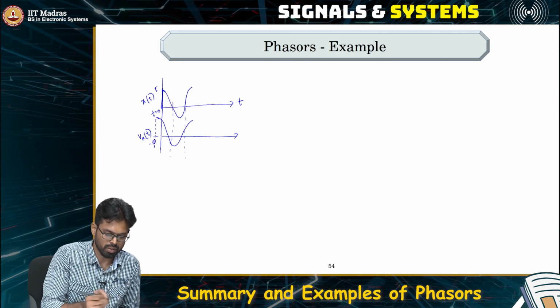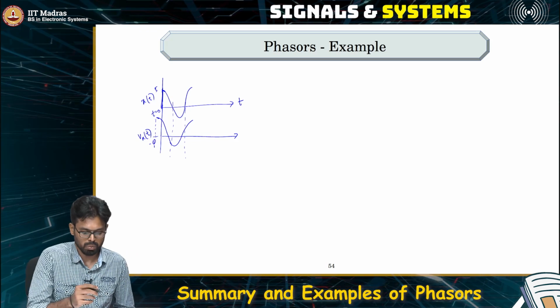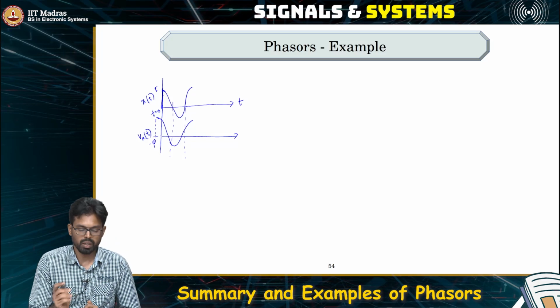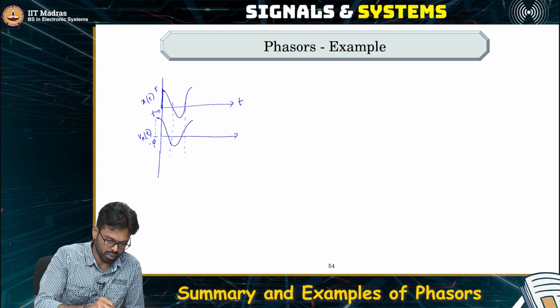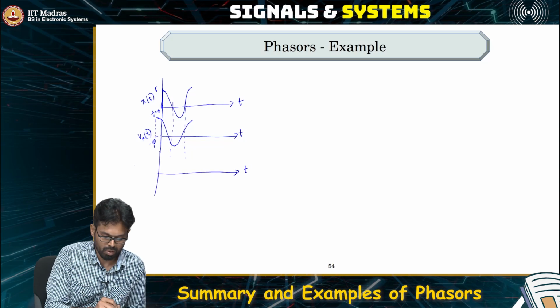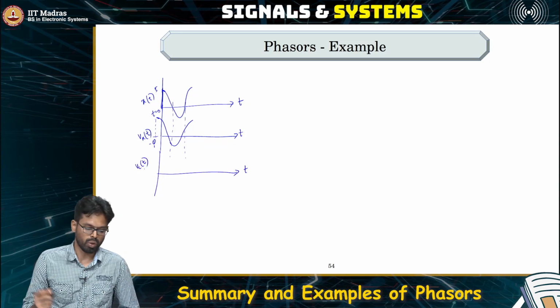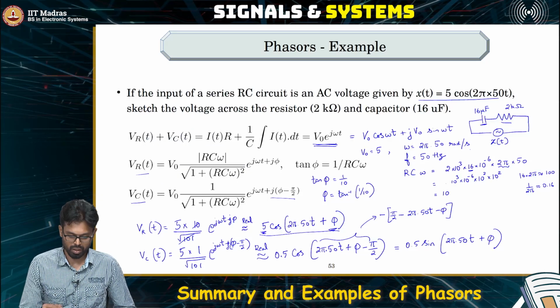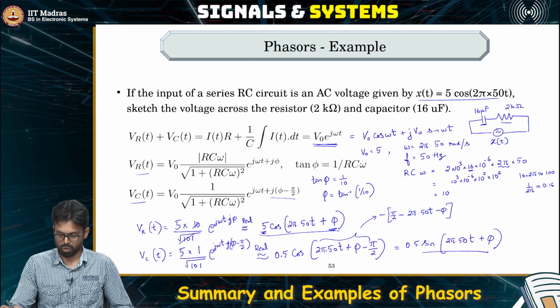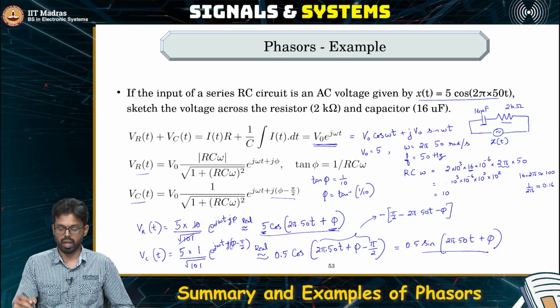Okay, and this is minus phi. So there is a phase shift between what is fed as the input and then what we are seeing at the output of the resistor. And if we're trying to plot what is happening at the capacitor, it's even much different because it's a sine wave altogether. So it is a sine wave and it is at phi.